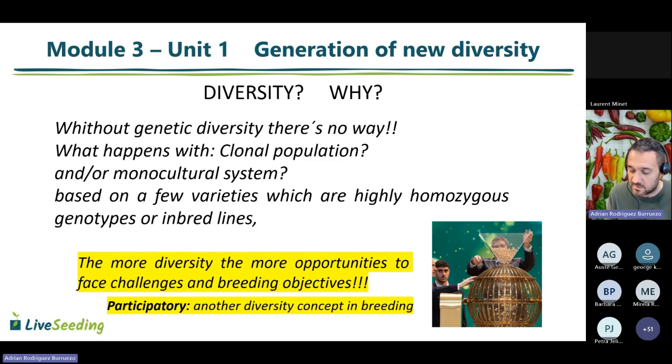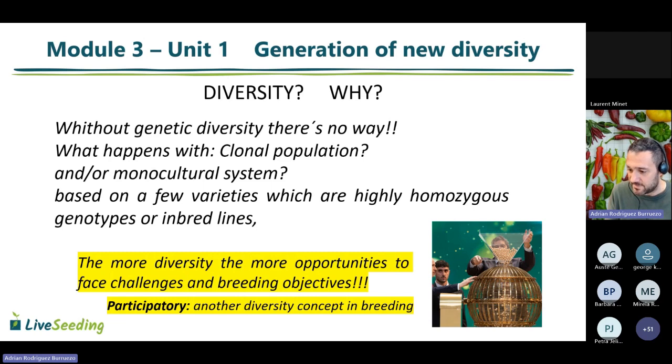As challenges, I mean pathogens, new preferences from consumers, etc., and breeding objectives. And also very important, the concept of participatory. The concept participatory is another component of the diversity concept in breeding, in particular in organic breeding.